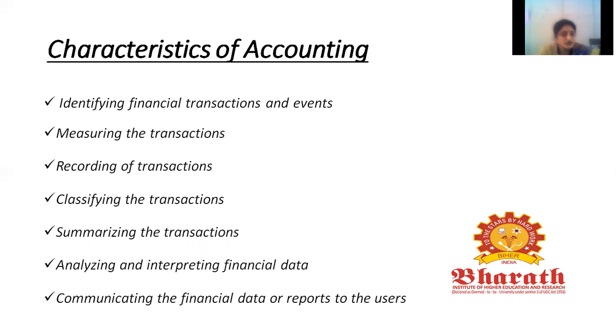And the fourth one is classifying the transaction. Here, the transactions recorded in the book of original entry, that is the journal or subsidiary book, are classified and grouped according to their nature and posted in separate accounts, called the ledger.